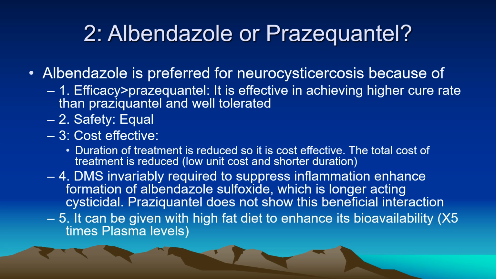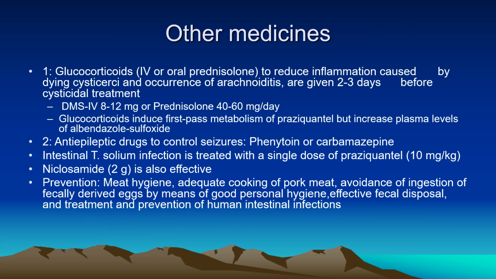Dexamethasone co-administration will increase the albendazole sulfoxide formation, so it adds to its efficacy and reduces inflammation due to dying worms. Praziquantel will not show this action, and the final point is that albendazole can be given with a high-fat diet to enhance the bioavailability. Looking at these points, albendazole is preferred.